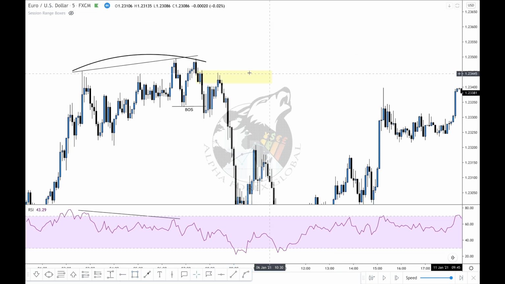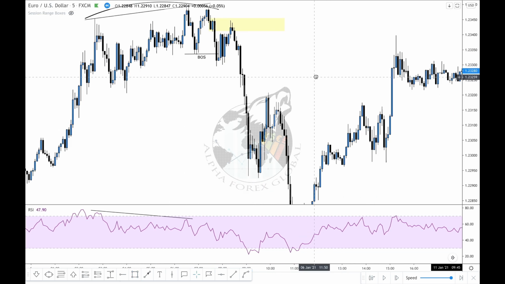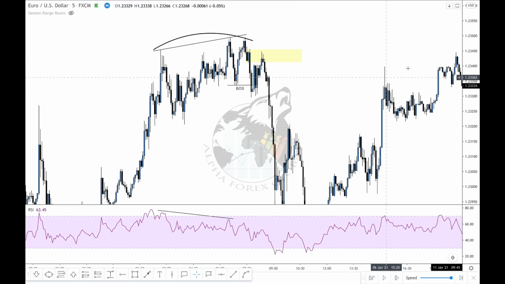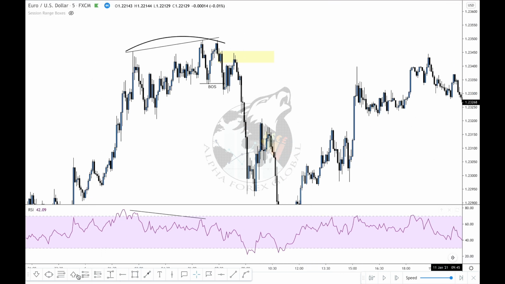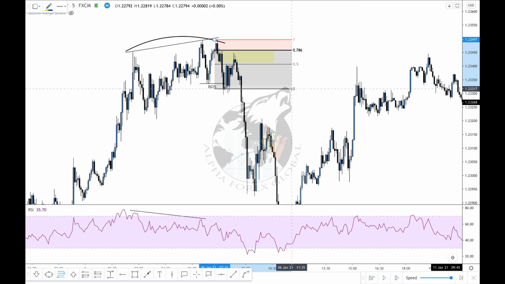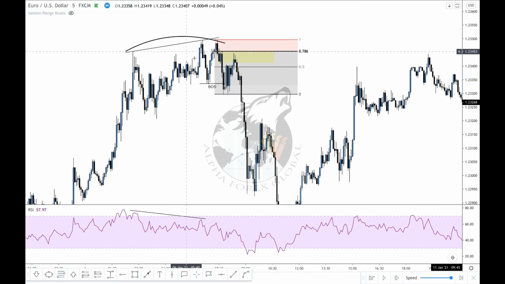You could have caught this without the divergence, so that's why I say divergence is mainly used, well, for me it's mainly used for confluence, right? Because this could have been caught with only structure. Price literally went back to premium price, so above the 50, above equilibrium, there's an order block here, and price went back to that after the market broke structure, right?